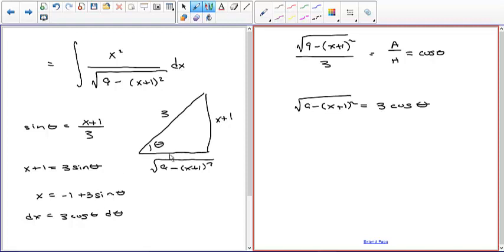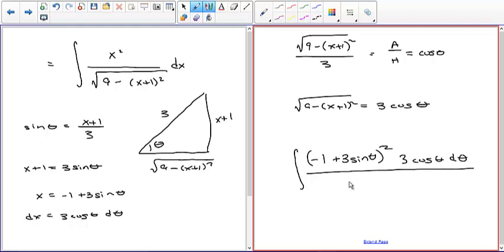Okay. So now we make the substitution. So we'll have x is negative 1 plus 3 sine theta. We square that. And then we multiply by dx, which is 3 cosine theta d theta divided by the square root of 9 minus x plus 1 squared, which is 3 cosine theta.